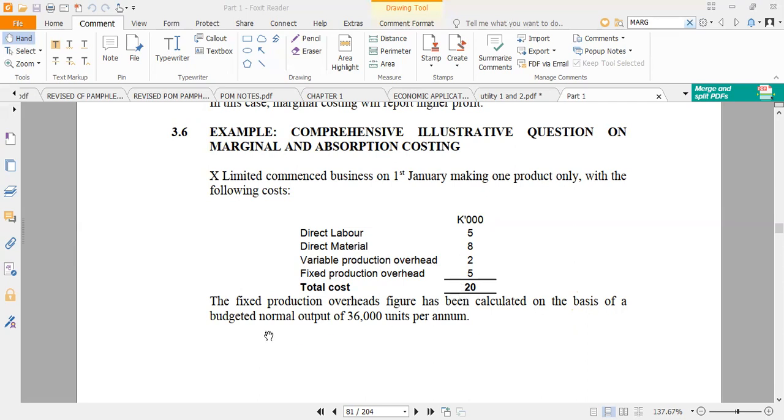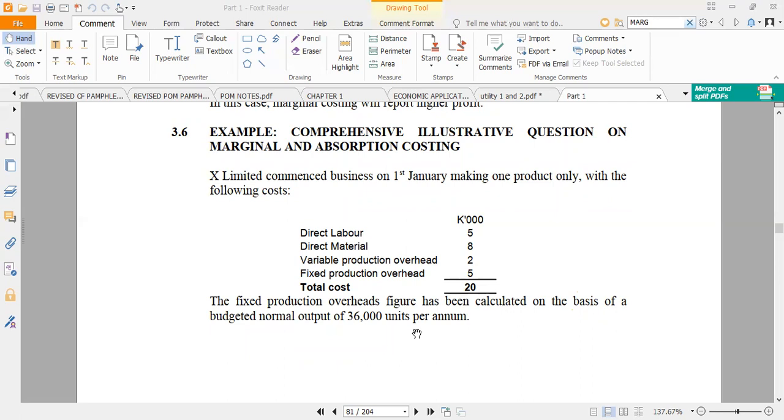Now, the fixed production overhead figure has been calculated on the basis of a budgeted normal output of 36,000 units per annum. So per year, we have 36,000 units, which was budgeted. If we are to find it for a month, we divide the 36,000 units by 12 and get 3,000 units per month.